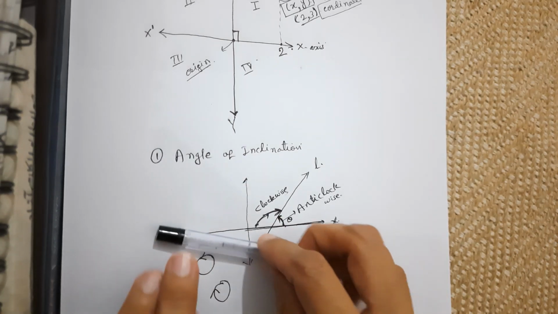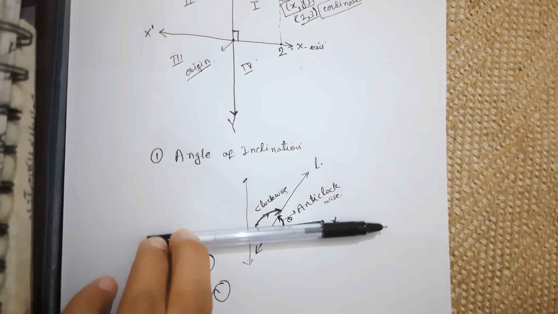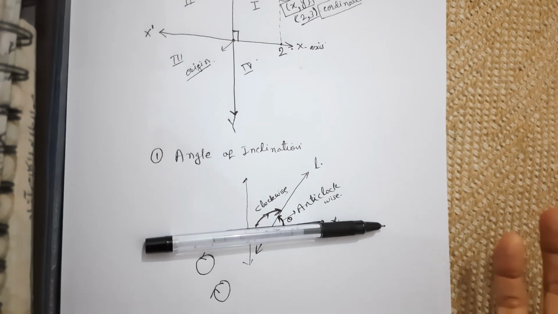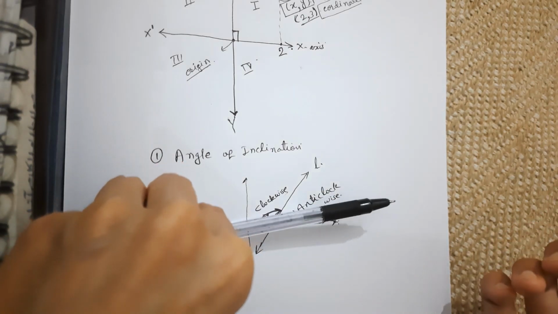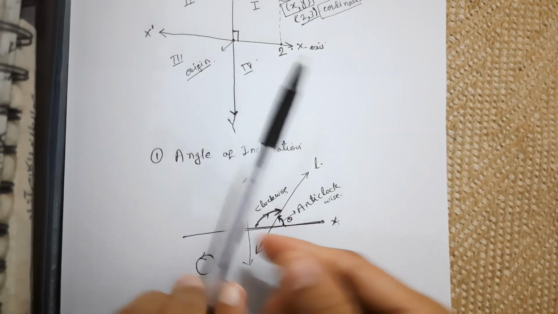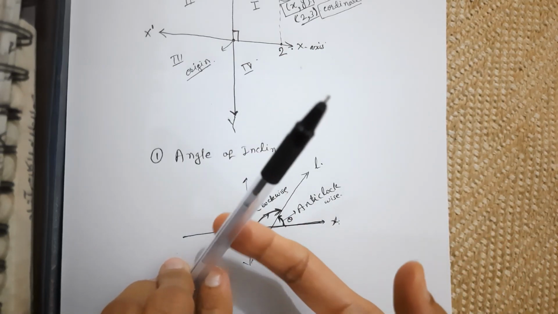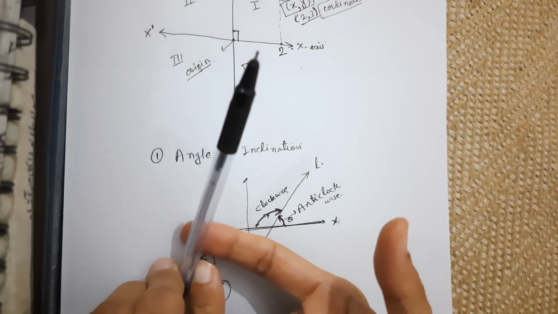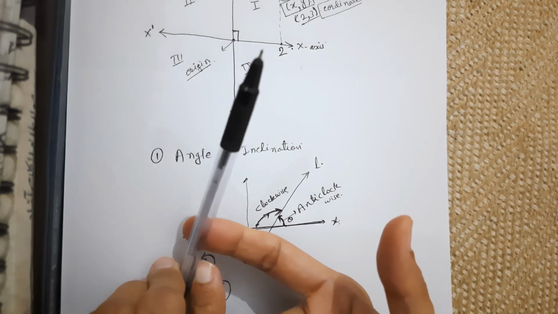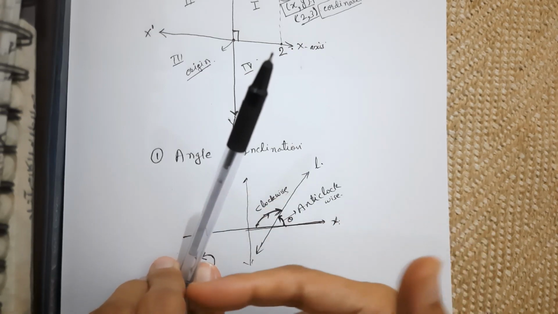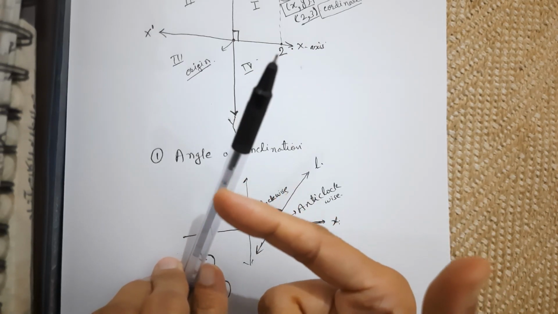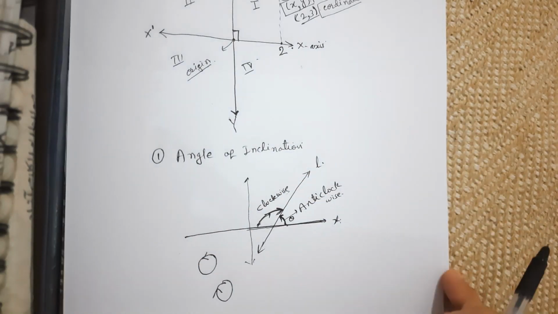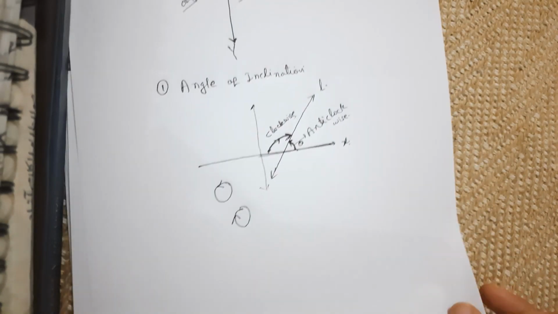But if I raise this pen like this, then it is somehow above the plane. So I just want to measure how much above the plane this is. That alternatively becomes the slope of that straight line. We are going to discuss it later, but just understand.